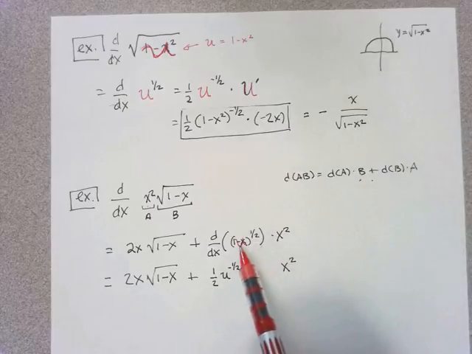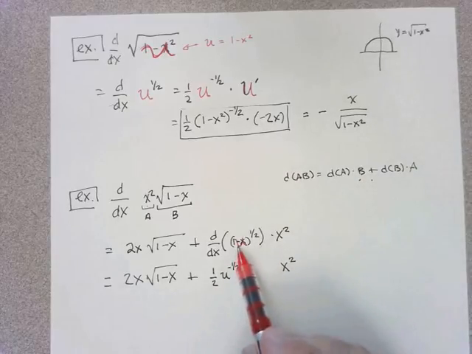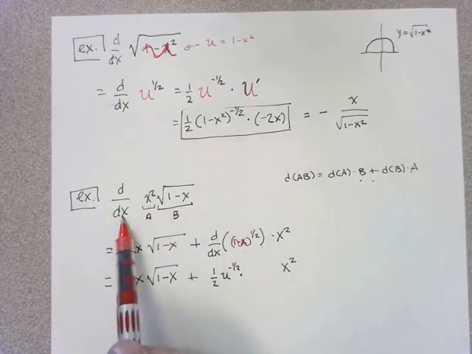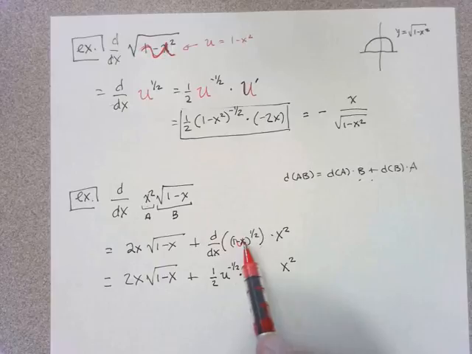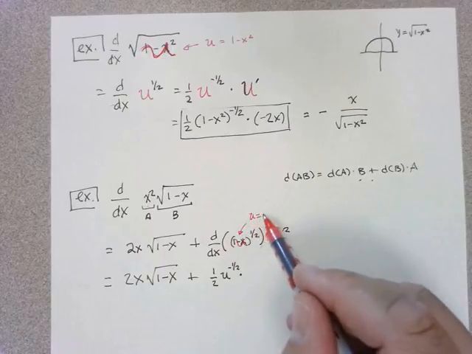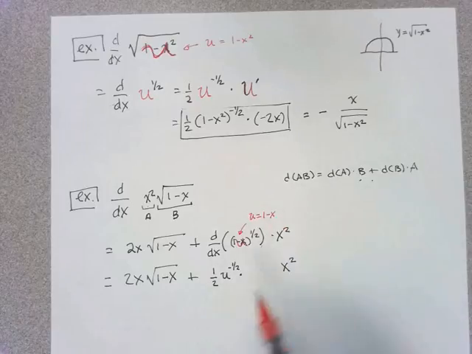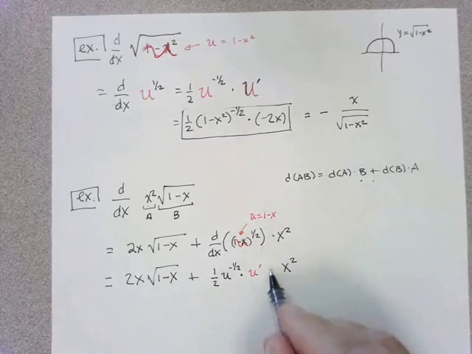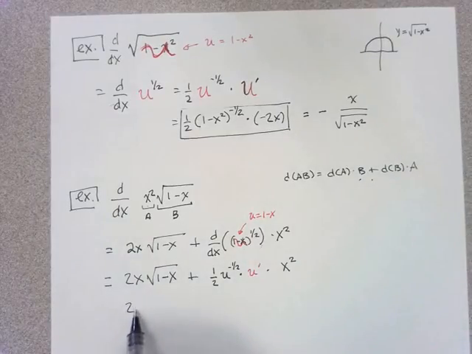I would like to just stop here, but this is not x. This is not the variable I'm taking the derivative with respect to. This is some other function. And hiding underneath this u is 1 minus x. And so I have to multiply by its derivative times u prime. And then u was 1 minus x.